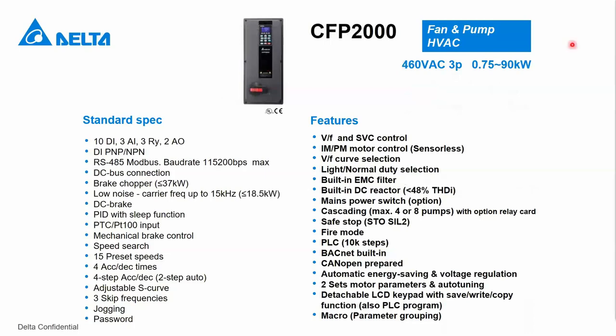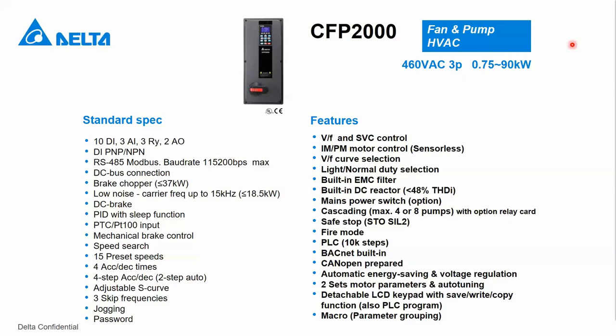The CFP2000 is very similar in functions to the CP2000 drive. The difference is that it's IP55. So while the firmware is completely identical to the CP2000, there are some significant differences in terms of hardware. The built-in EMC filter does not stop at 37 kilowatt, but goes all the way up to 90 kilowatt.